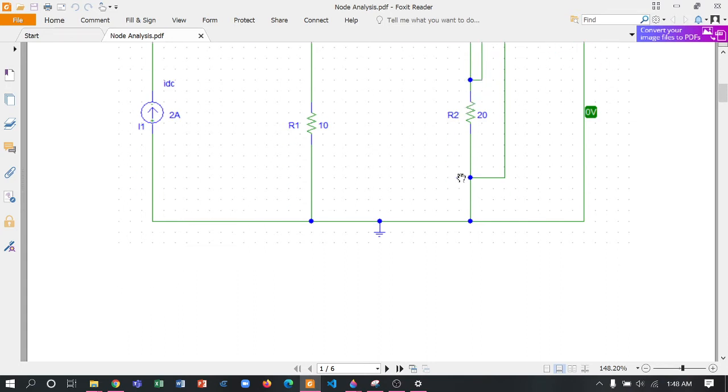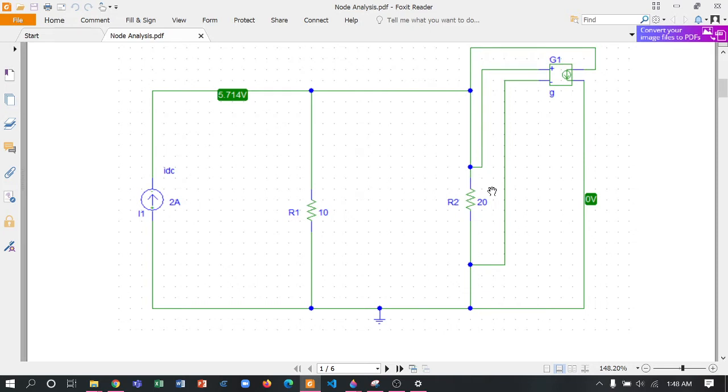It has the voltage across R2, and it delivers a certain current, which is a multiple of this voltage.